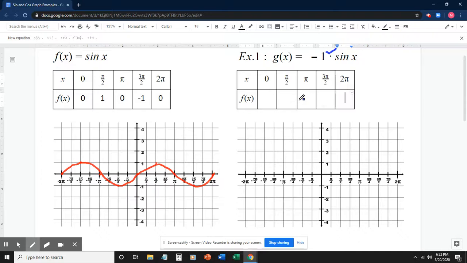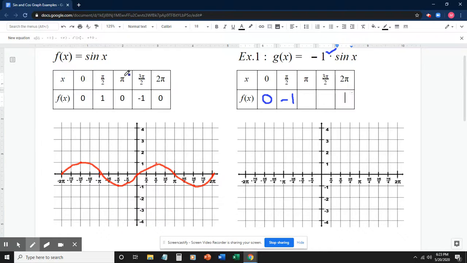Because ultimately, what's that going to do to my table? Well, if I plug in 0, I'm still going to get 0. I can't reflect a 0. When I plug in pi over 2, this is still 1, but when I multiply it by -1, I get -1.